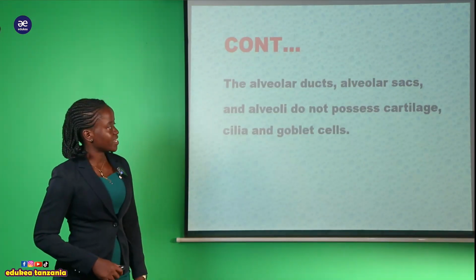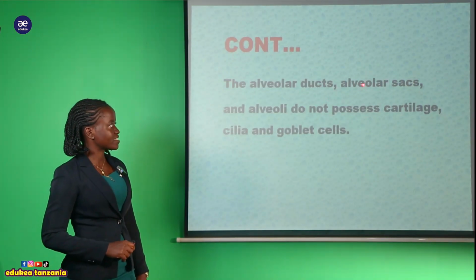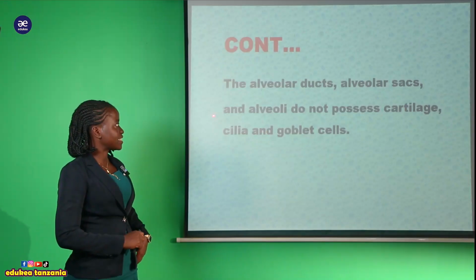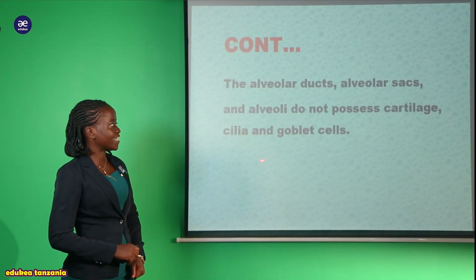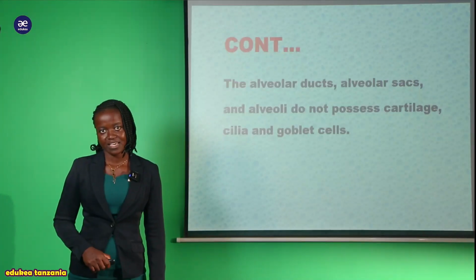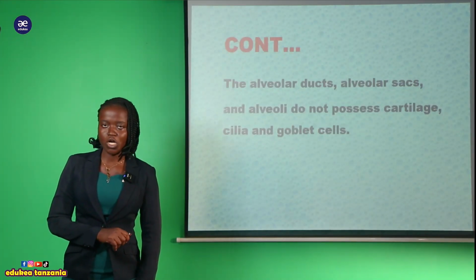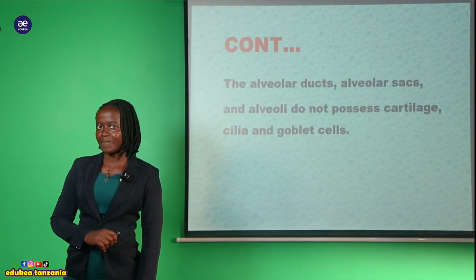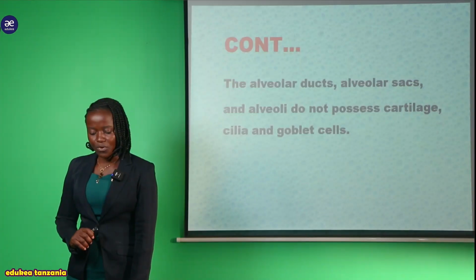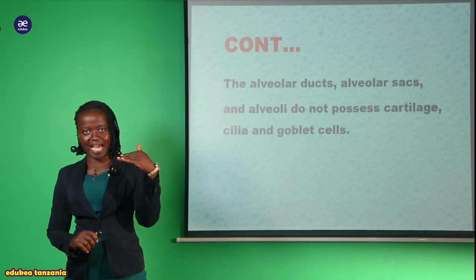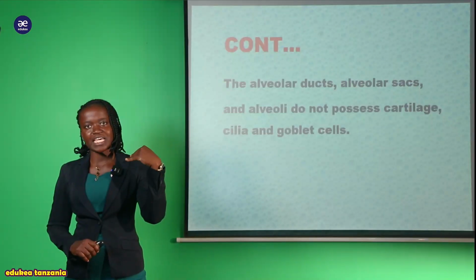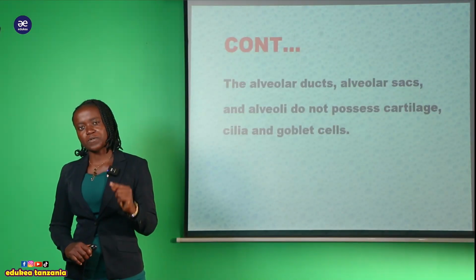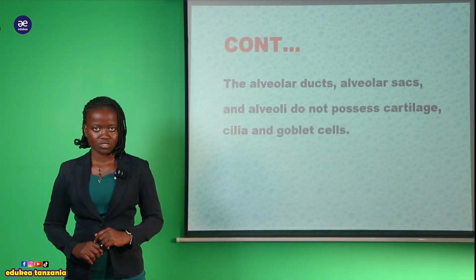And also we can say that the alveolar ducts, alveolar sacs, and alveoli do not possess cartilage, cilia, and goblet cells. This is something you have to note and keep in your mind. Kuanzia kwenye hile structure ya alveolar ducts, alveolar sacs, together with the alveoli, they do not possess cartilage.